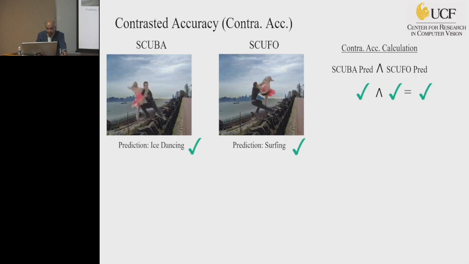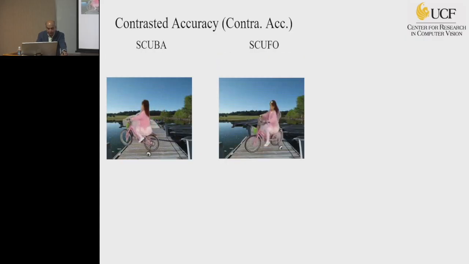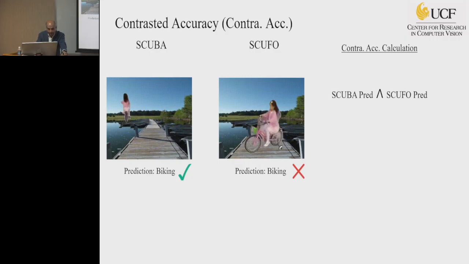If they agree, then we say the model is doing it correctly. Now here we again have SCUBA and SCUFO, and this predicts biking, which is correct, even though the background is not realistic. Here is a static one, and if it's predicting biking, it's incorrect, right? So we look at both. If one is incorrect, we say the prediction is incorrect.